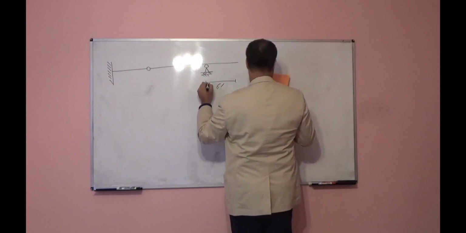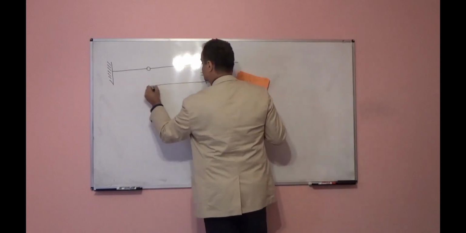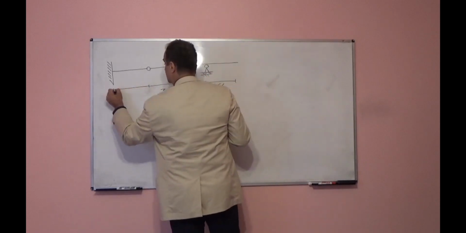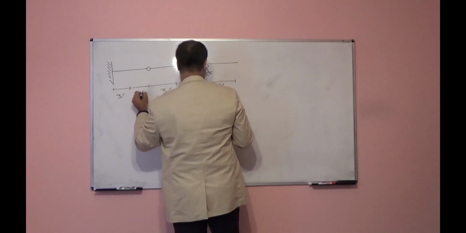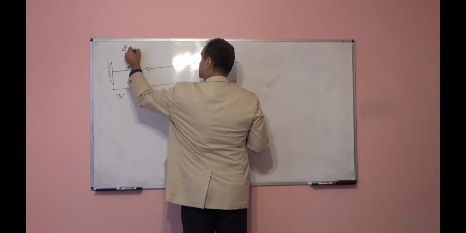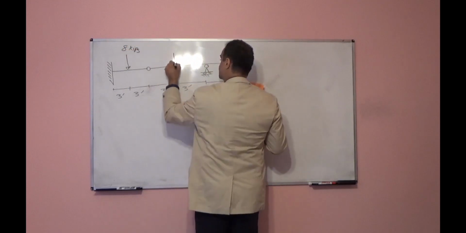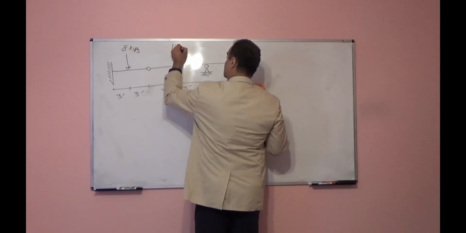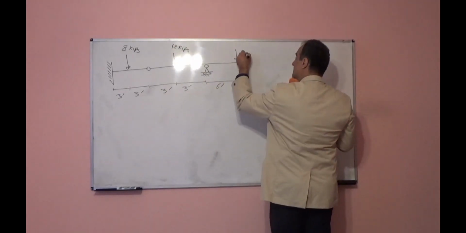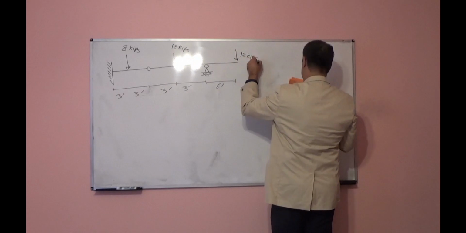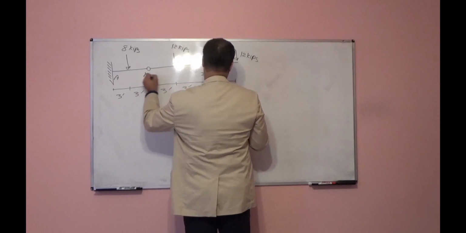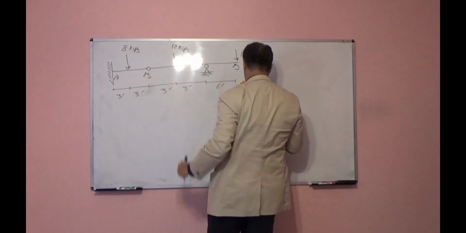Six feet, 3 feet, 3 feet, 3 feet, 3 feet, 8 kips, 12 kips, 12 kips. Points A, B, C, D.